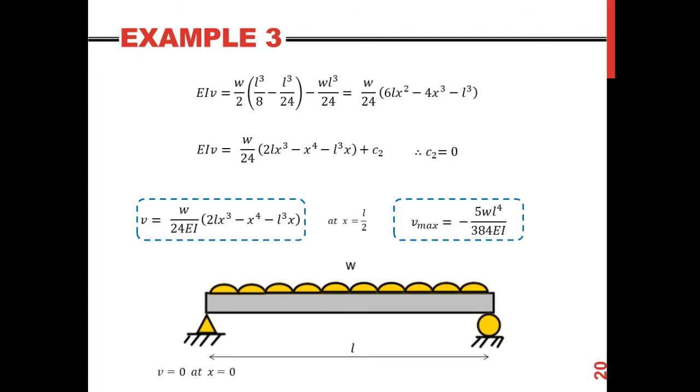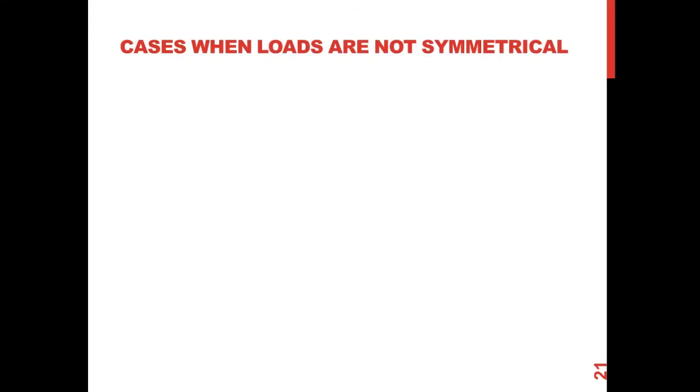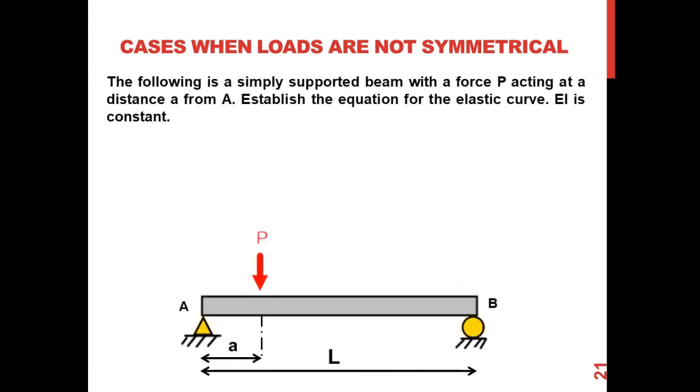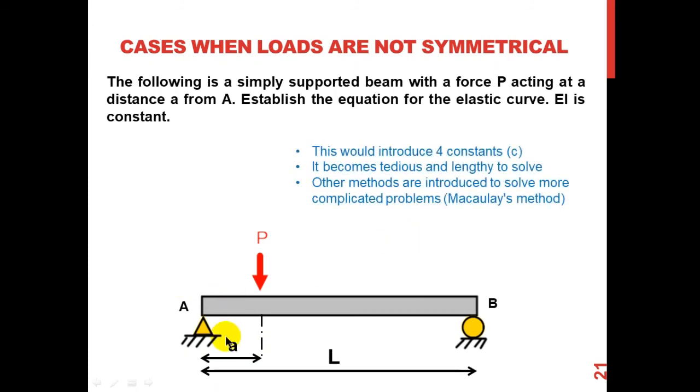Right. Let me just talk about the cases when loads are not symmetrical. Suppose that we have this P acting at a distance of a, and what I can say here is that the moment at the section is not going to be the same as the moment at this portion.